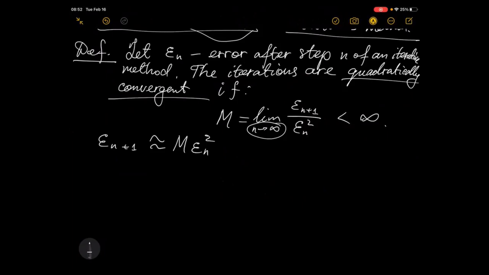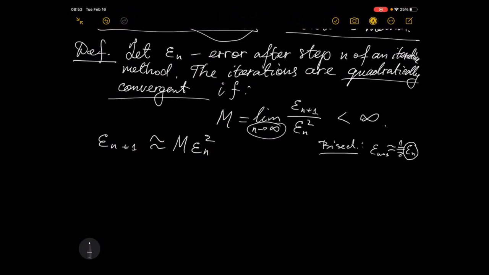So linear convergence, you remember, which we had. I proved that, for example, for bisection. We had the error in the first power, so a linear function, right?